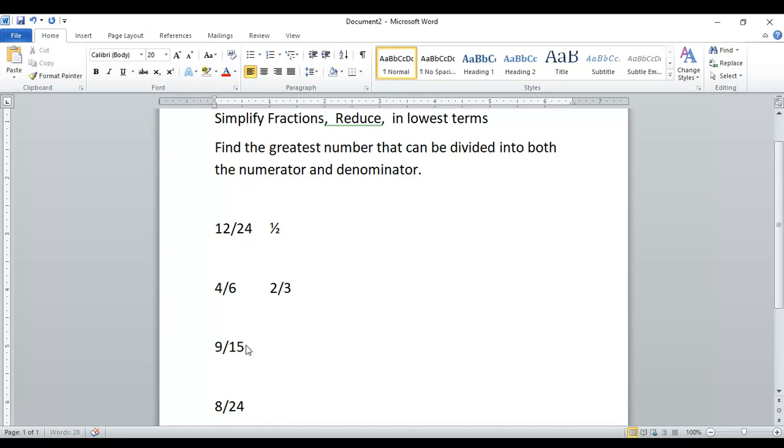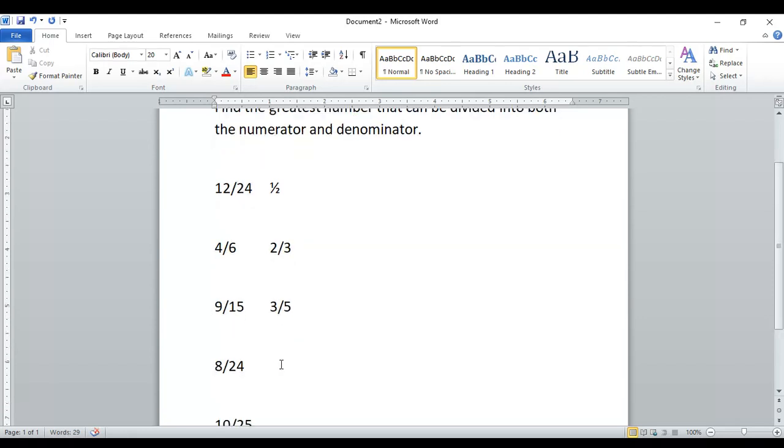So 9/15. What is the greatest number that can go into both 9 and 15? Well, I hope you recognize it's 3. 9 divided by 3 is 3, and 15 divided by 3 is 5. So that is what this fraction reduces to.